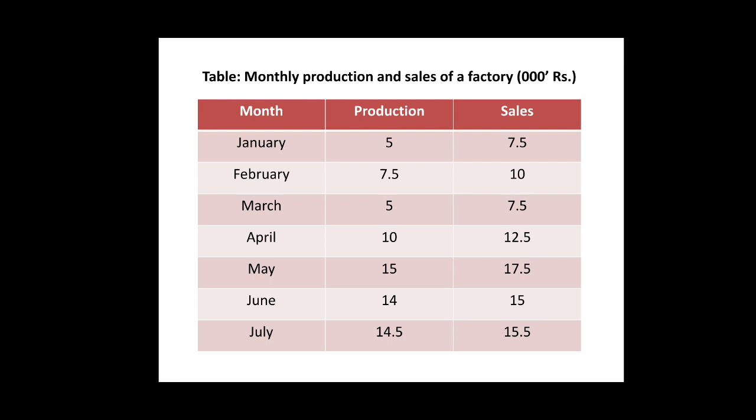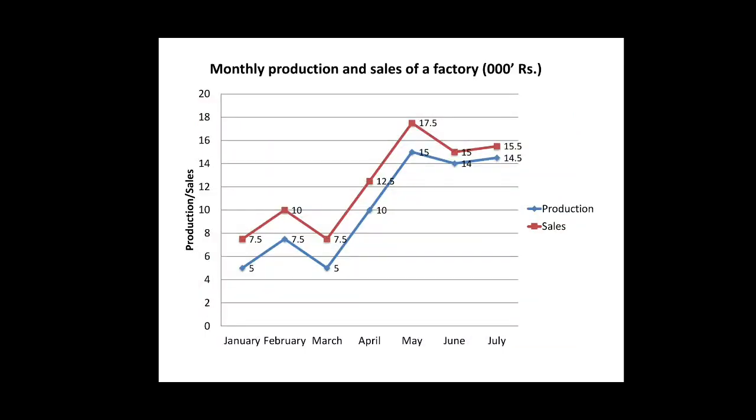With respect to the independent variable, which is a time period given in months like January, February up to July, we can represent this data in the form of a two variable graph as shown in this figure. Here we presented the data in the form of a graph in the same manner as we have done in the case of one variable graph.